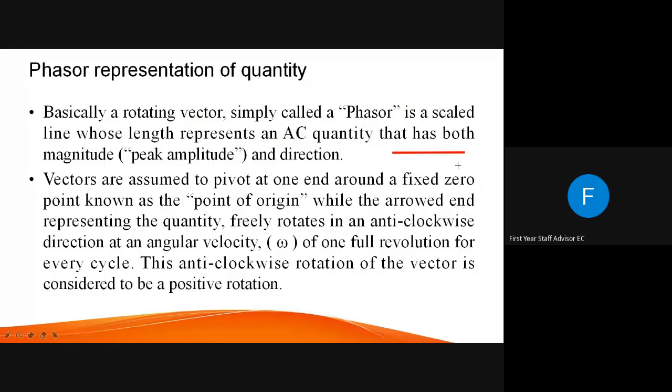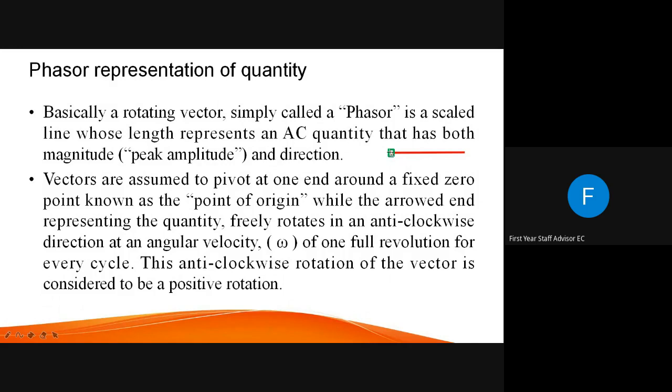Okay, we'll see one more statement. Vectors are assumed to pivot at one end around a fixed 0 point known as point of origin. So what I'm doing is, I'm going to consider this line, and I'm fixing this end as point of origin.